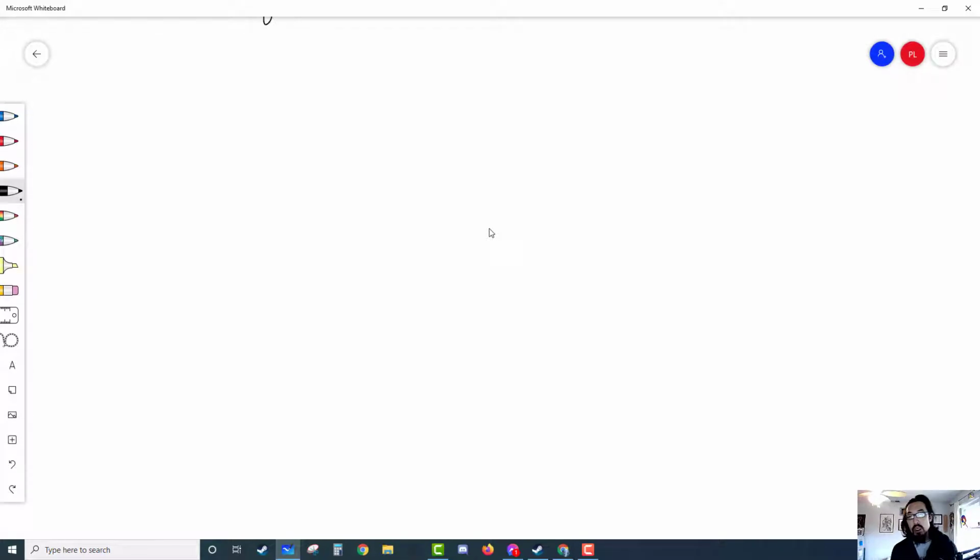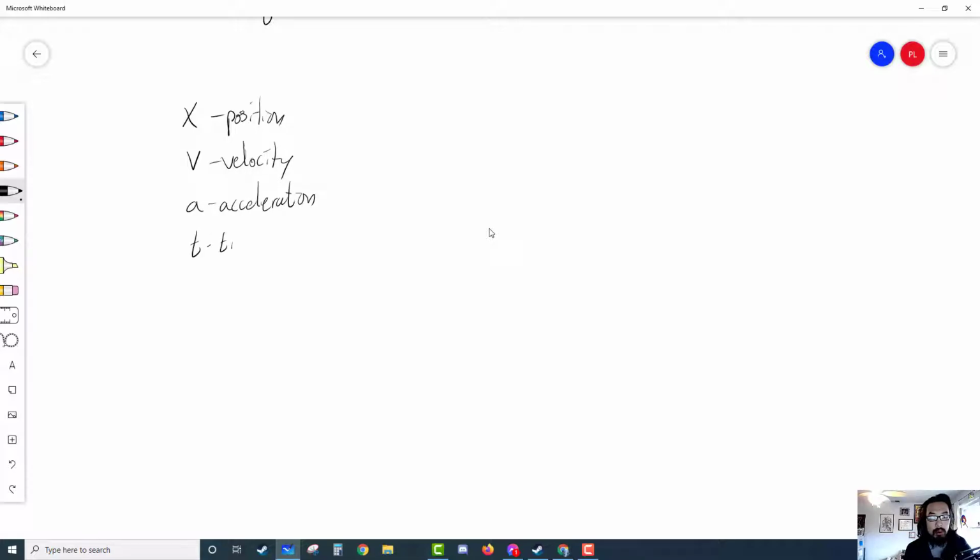Now, I'm actually going to start off with the variables for regular linear kinematics. So we have x for position, v for velocity, a for acceleration, and t for time.